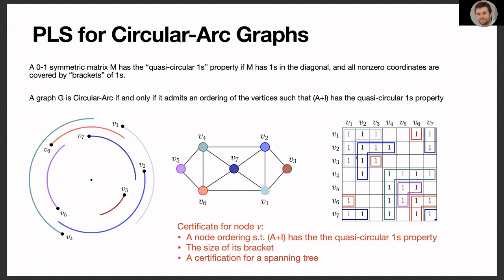We give the size of the bracket, and then they check that no one in the matrix is missed by anyone. The hard part in this construction, in fact, is to prove that we can check the ordering, because permutations are quite complicated for PLS.